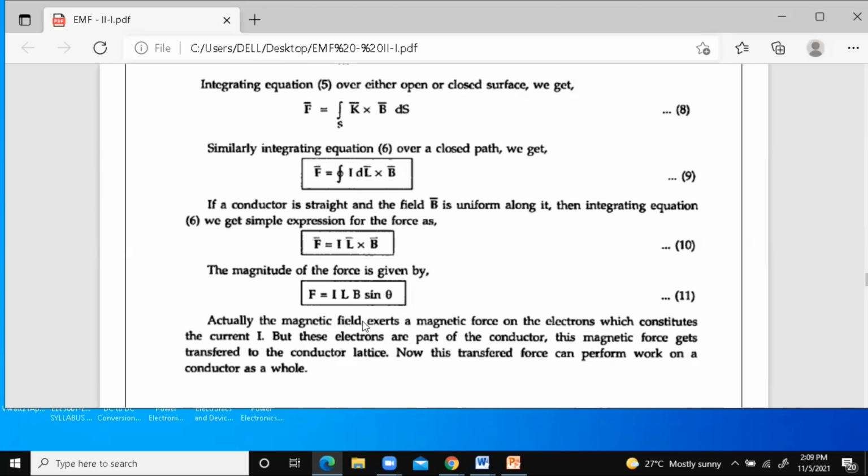So actually the magnetic field exerts a magnetic force on the electrons, which constitute the current I. But these electrons are part of the conductor. This magnetic force gets transferred to the conductor lattice, works on the whole.